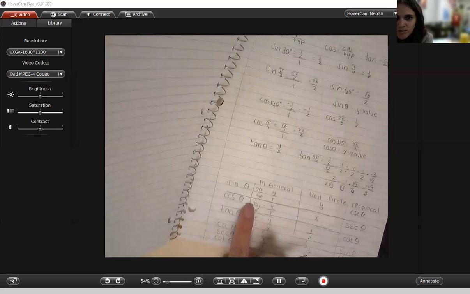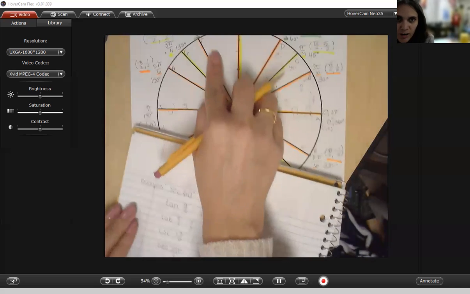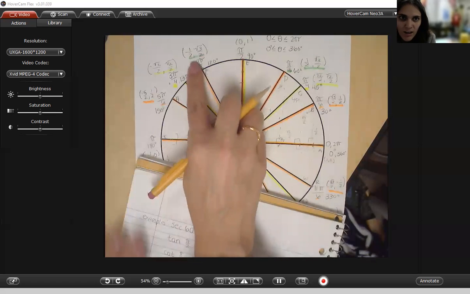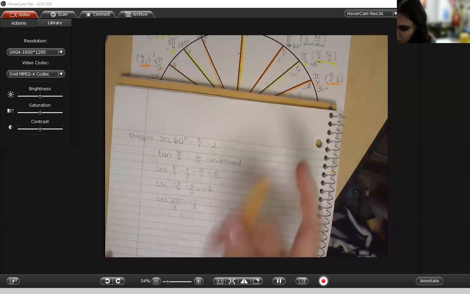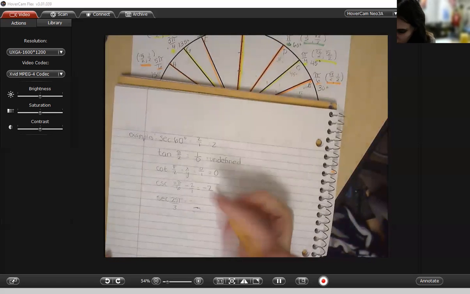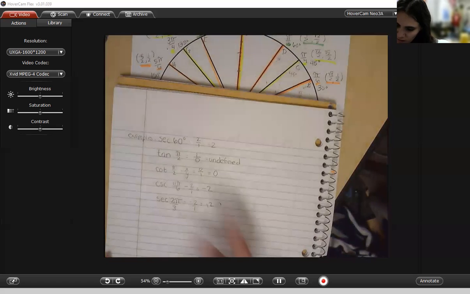So I need to find my cosine, which is the x value, and then flip it. So what is my x value at 2 pi over 3? My x value is negative 1/2. I'm getting a lot of 2's. And so if I were to flip it, I would get negative 2 over 1. So again, the secant at 2 pi over 3 is negative 2.